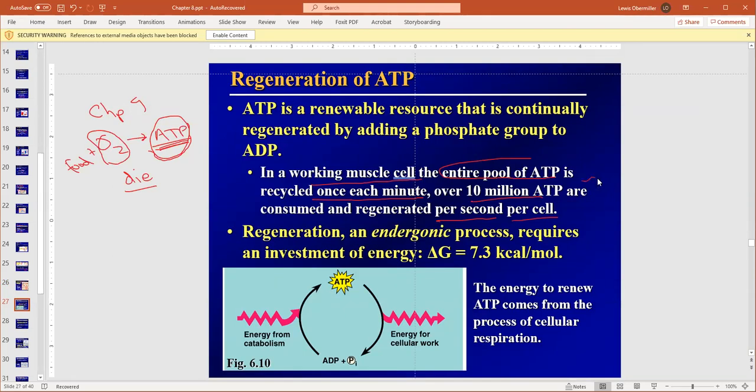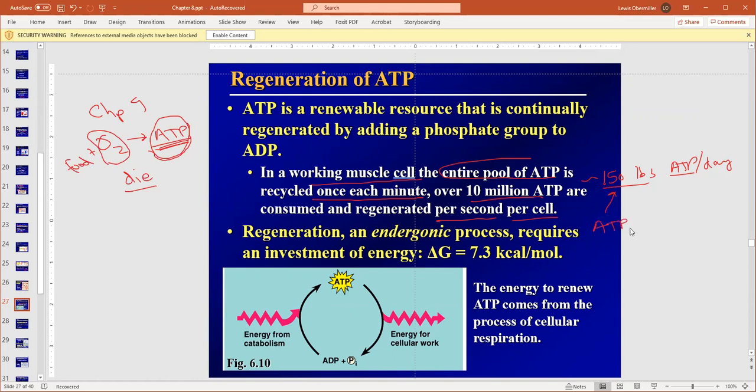And if we did an equivalency, that would be about 150 pounds of ATP for an average human per day. So do you think you could eat 150 pounds of ATP a day? No. So the only way to really do this is to recycle it.